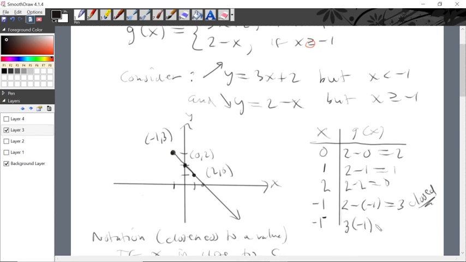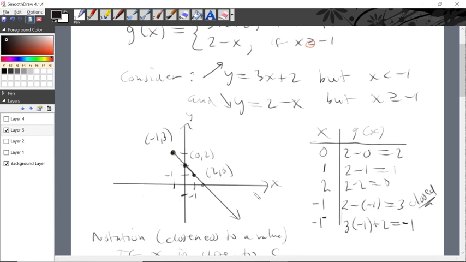What is that? -3 plus 2 is -1. This is the y value now. So the point with coordinates (-1, -1) is a point of interest to us.